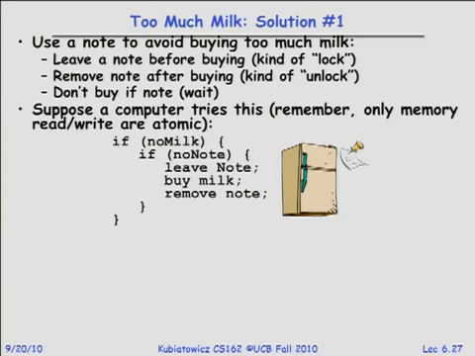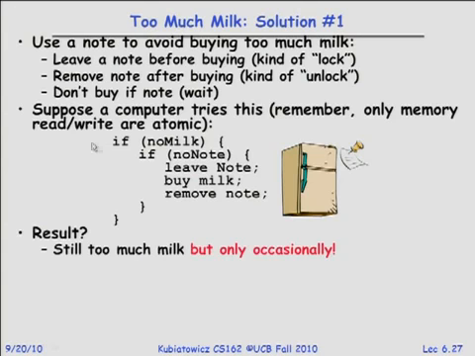Okay, so why is there only occasionally too much milk? Yeah, checks are not atomic. These checks here are not atomic because suppose that both of us check for there being no milk, and now, by the way, you have an invisible roommate, okay? And now you look and you see there's no note. Both of you see there's no note at the same time, and now both of you leave a note and head out to buy milk.